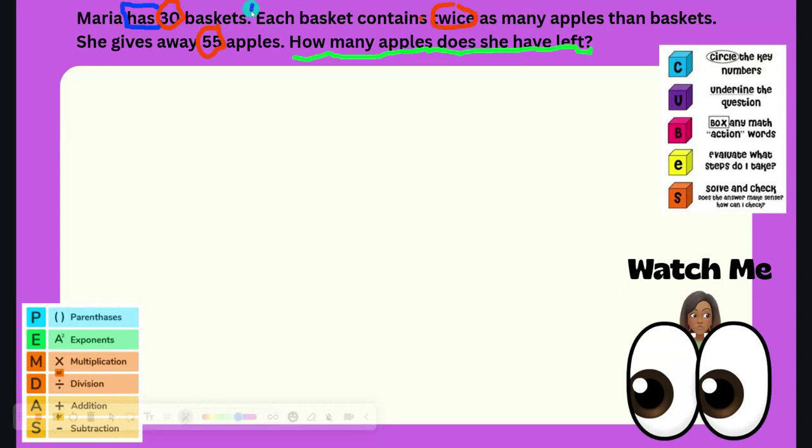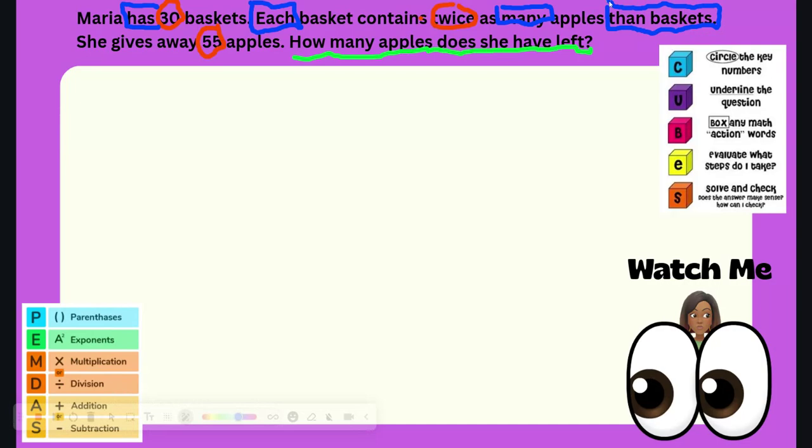So each basket is important. Not some of them, not half of them, but each. That lets me know that every single one of them contains twice as many apples than baskets. I like that word, than. That's telling me to do something.